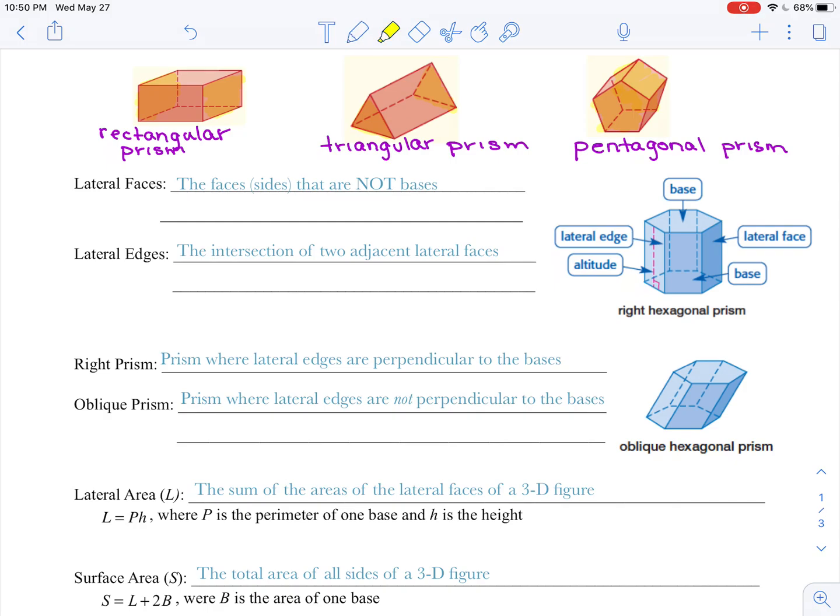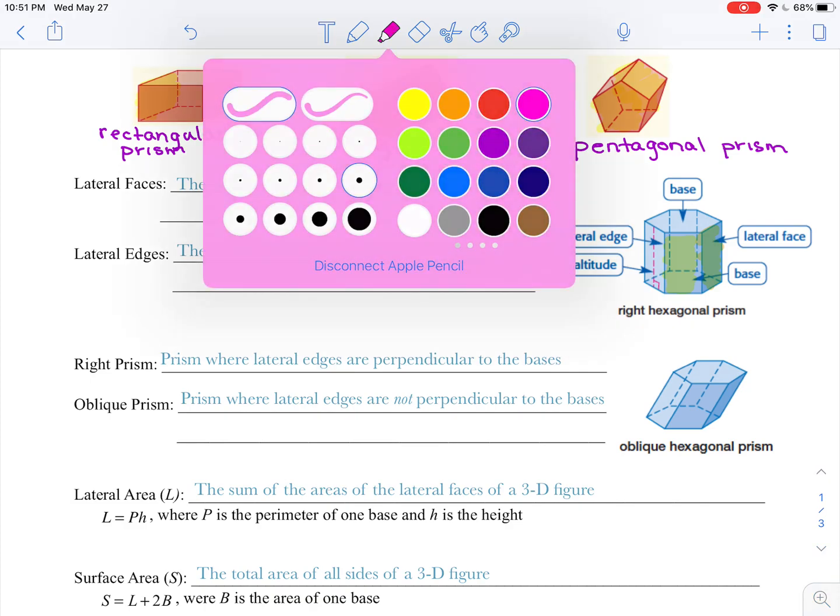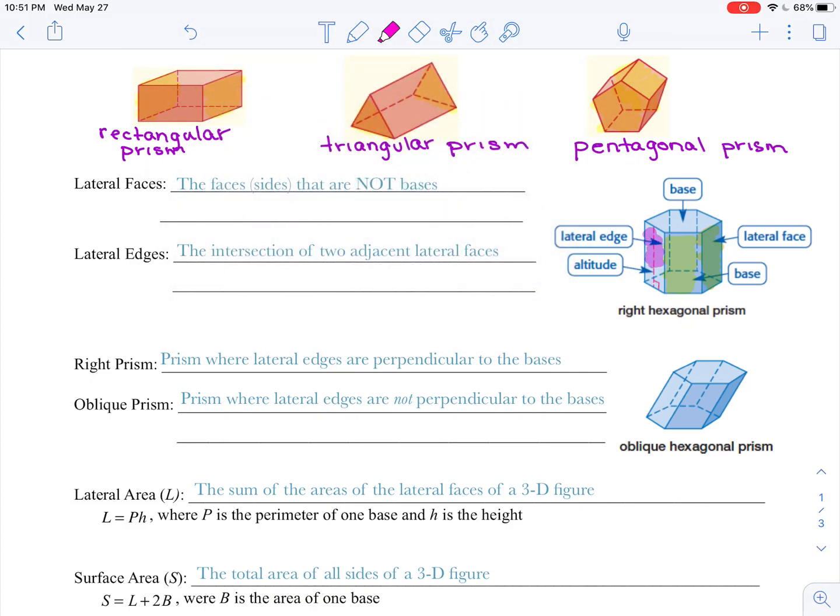So if you take a look at this hexagonal prism in the picture, it shows you there are 6 lateral faces. They are the 6 sides that go around the shape this way. Let me see if I can try to identify at least a few of them for you. Here are 3 of the lateral faces, and then there are another 3 on the back side of the picture.